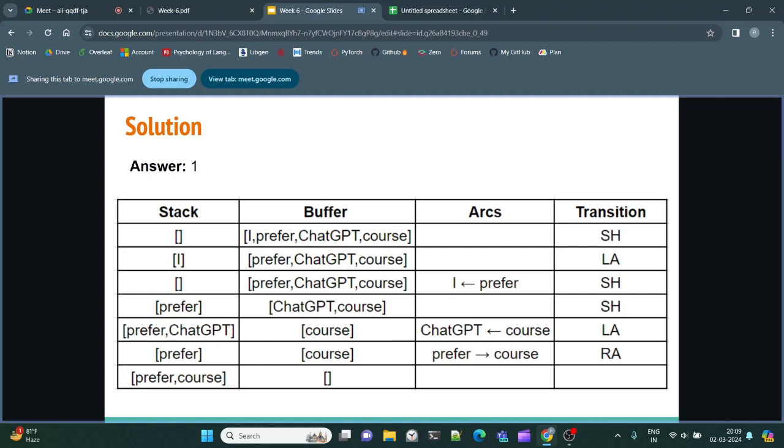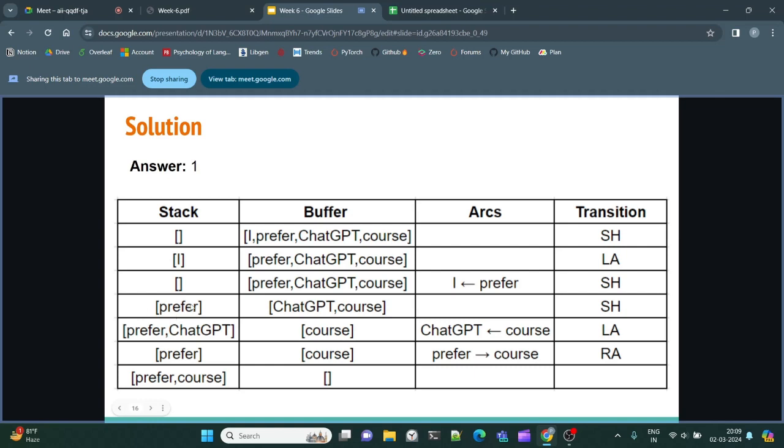In the lectures, a thumb rule was mentioned. The thumb rule is: for the words that are in the stack, whether at the top of the stack or before it, check whether they are connected to any word at the top of the buffer. In this case there is only one word, but in other sentences there could be multiple words in the stack.